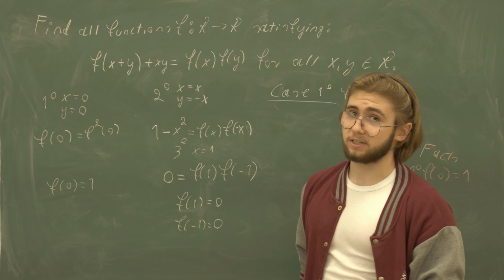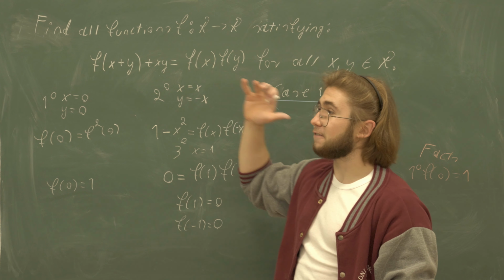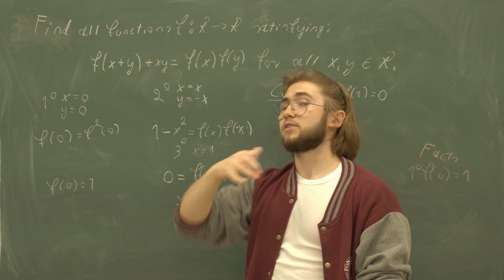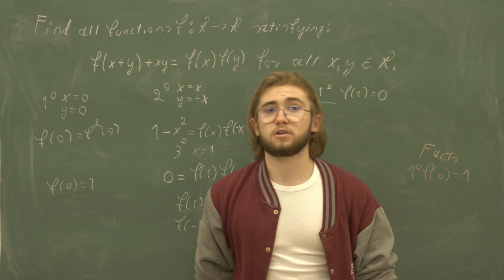If f of 1 is equal to 0, then I can take one of those variables and set it equal to 1. One of them will disappear and the second one will remain, multiplied by 1, and this entire right hand side will disappear, so I get f of some single variable equal to some expression in terms of a single variable. Perfect, because this is exactly what we want to solve this functional equation.